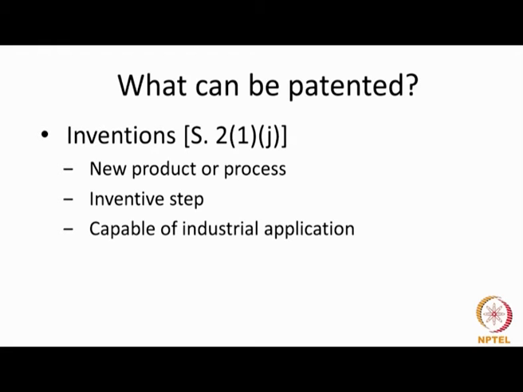In fact, the Patent Office is designed in a way in which they have groups of examiners who have skills in a particular technology, analyzing and examining patent applications that come from different fields. The International Patent Classification, which is a code that is used for classifying patents, is again a technology based classification.